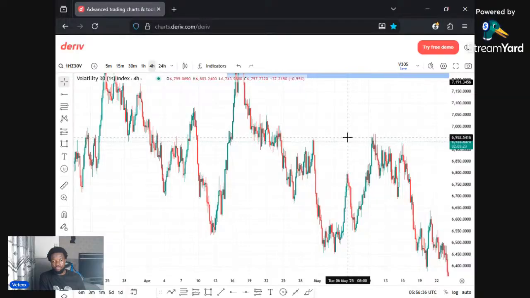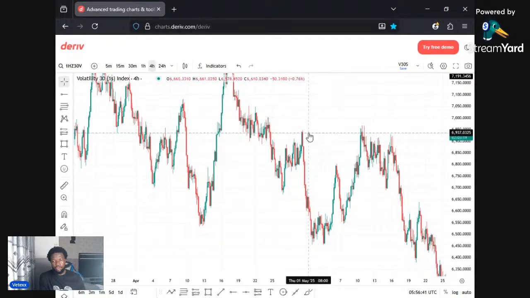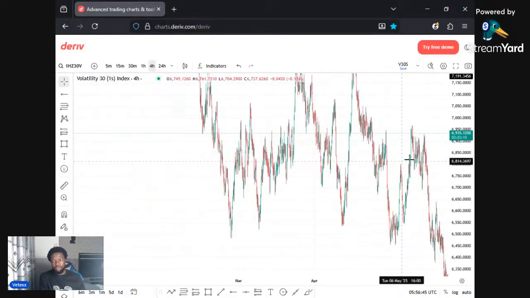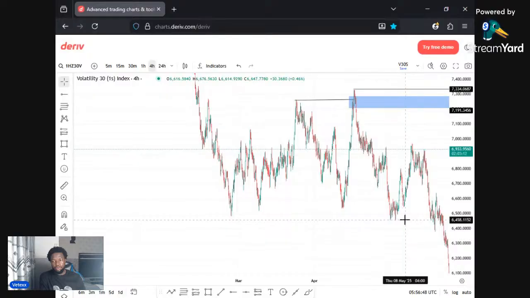Yeah, we have a continuation here that price sold off from, and then took it out into the opposite direction. This is naturally valid.